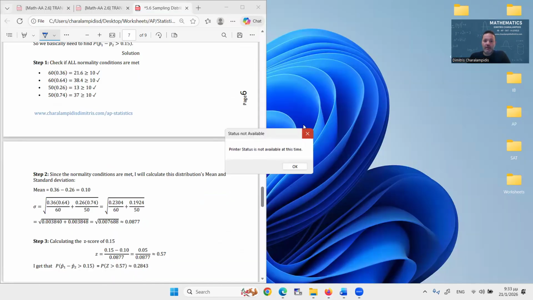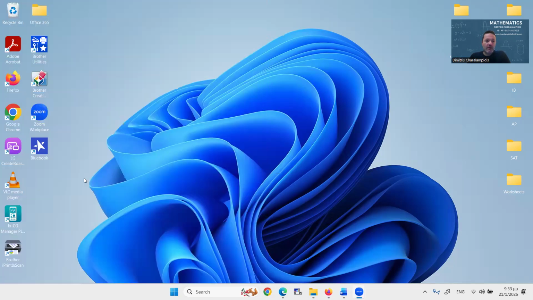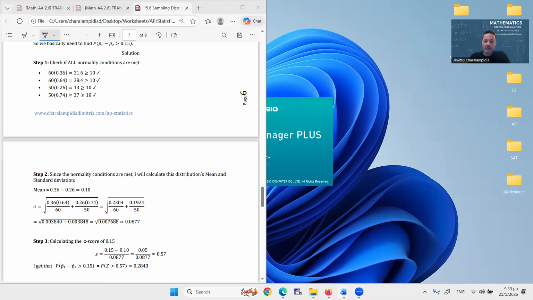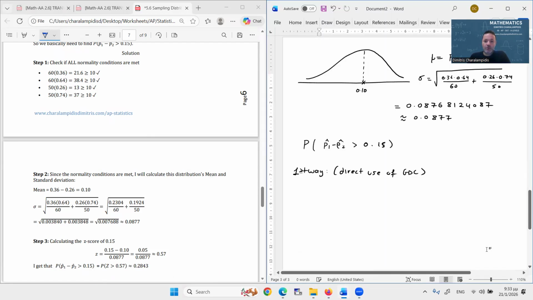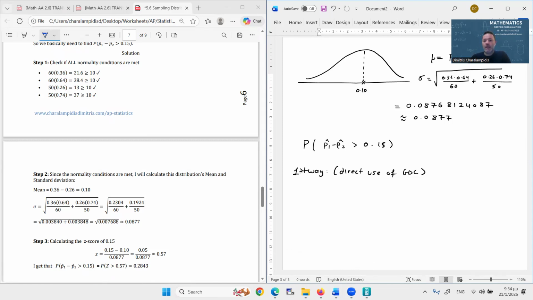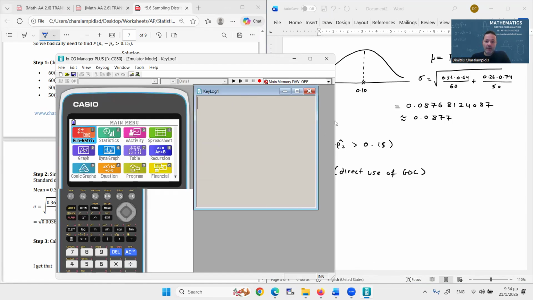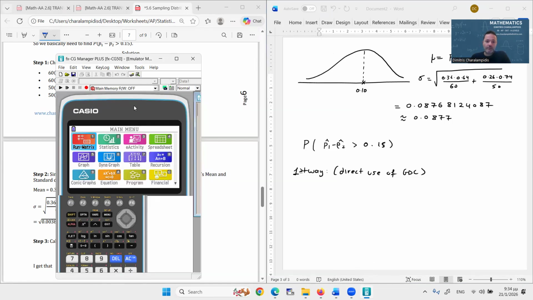Sorry for this, but let me bring the calculator and we will return to everything. Let's see the route of commands I need to apply to find that value.